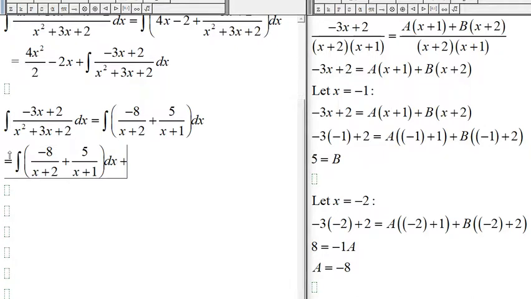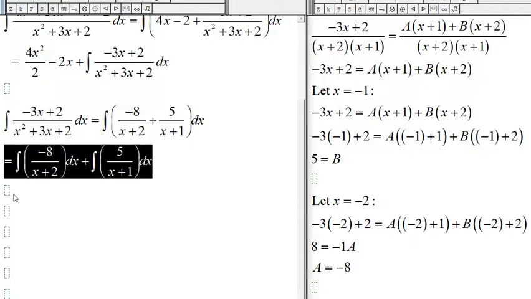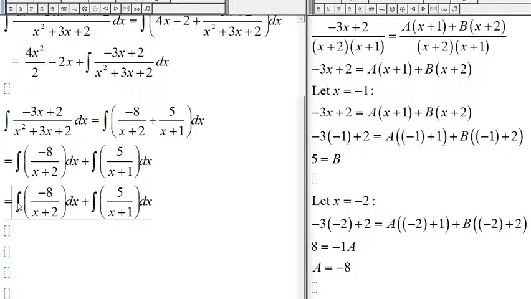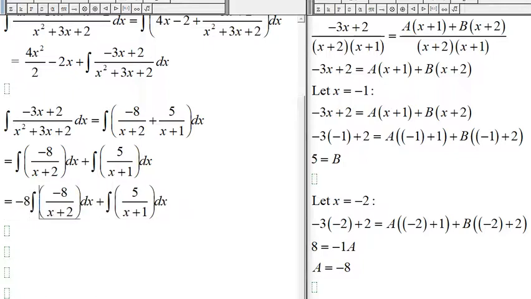And then we can separate this. And then we can move the negative 8 and place it in front of the integral, and then move the 5 here and place it in front of the integral.